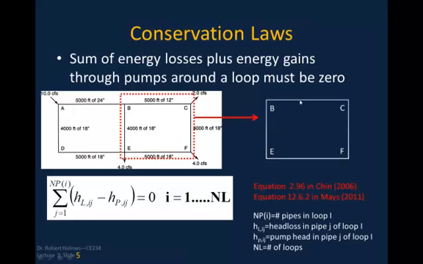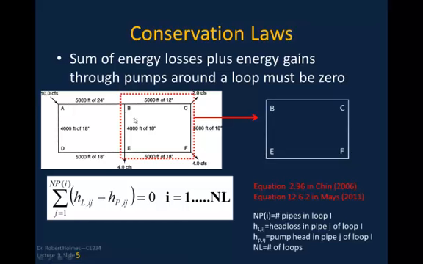Now, that means we've got to choose a direction, and I'll cover this in another slide in a second. If the flow is going from B to C, that's clockwise, and then C to F, that's clockwise.